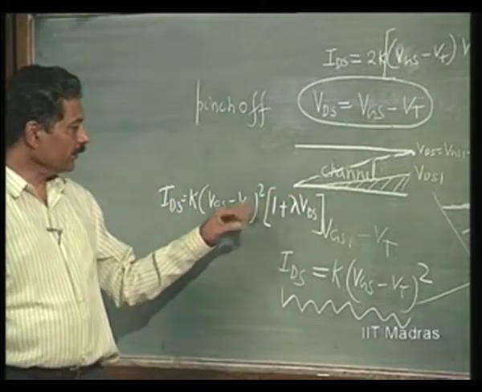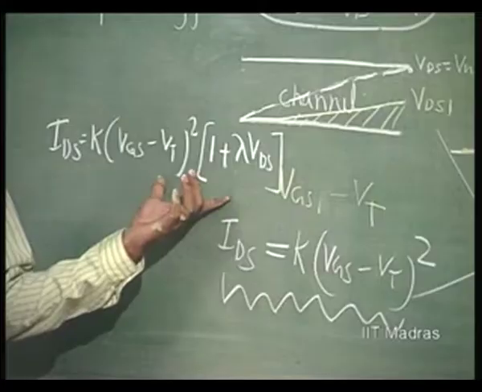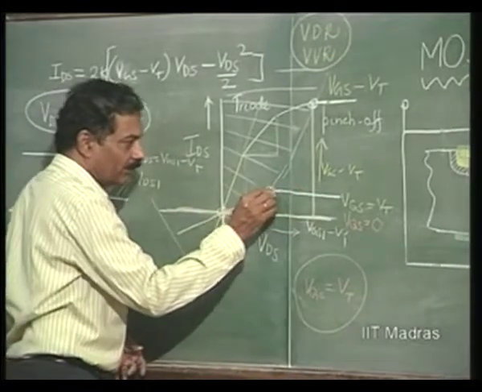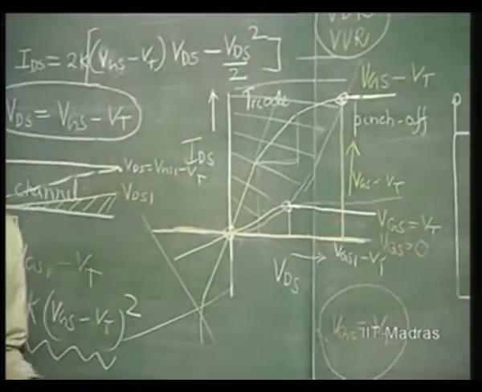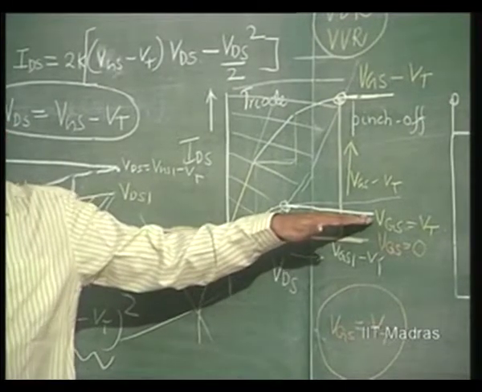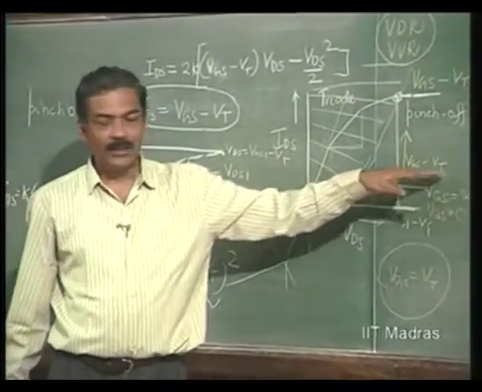So, this is what really happens in the case of a practical field effect transistor. It is not all that independent, there is a certain amount of dependence. It is not going to remain constant at K times (VGS minus VT) whole squared, it is slowly increasing.